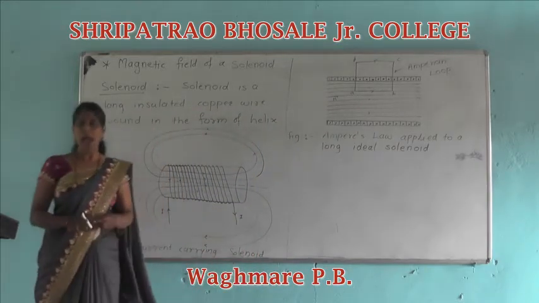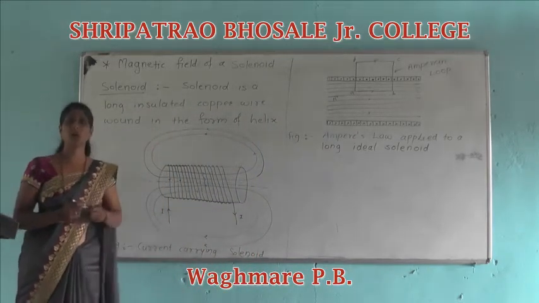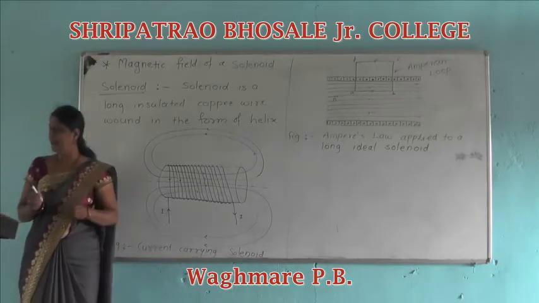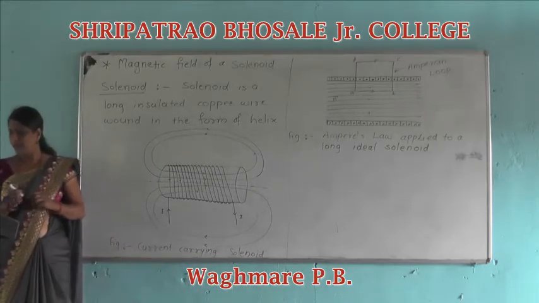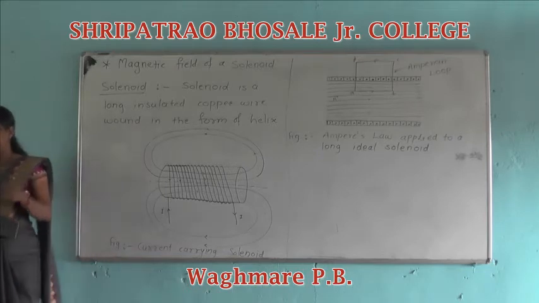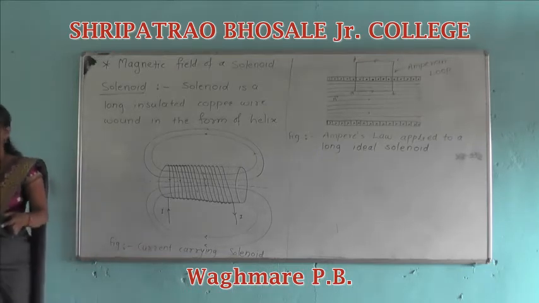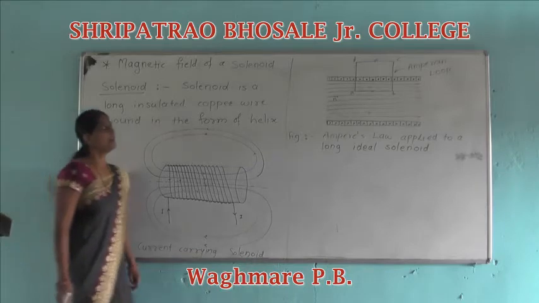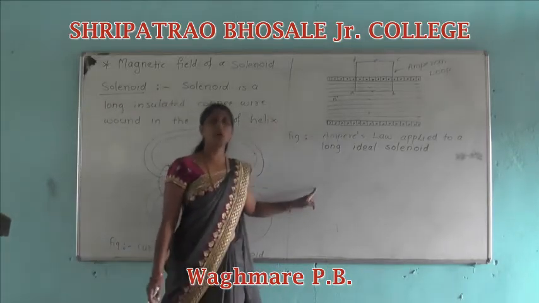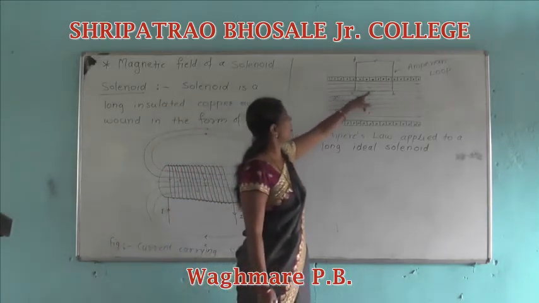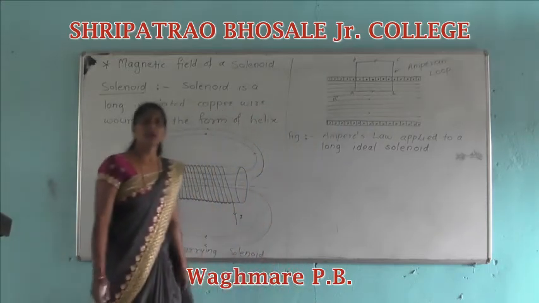Now we have to apply Ampere's law for this solenoid. For the application of Ampere's law, we have drawn the Amperian loop here. Now apply Ampere's law for this loop.